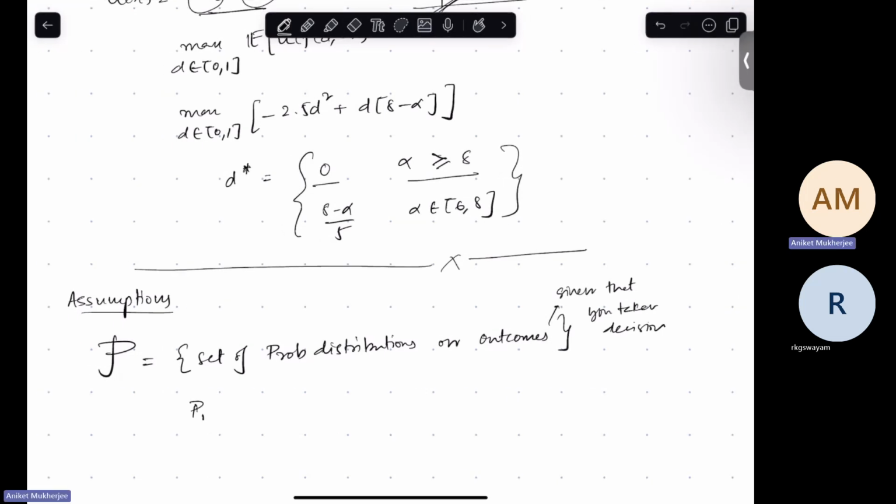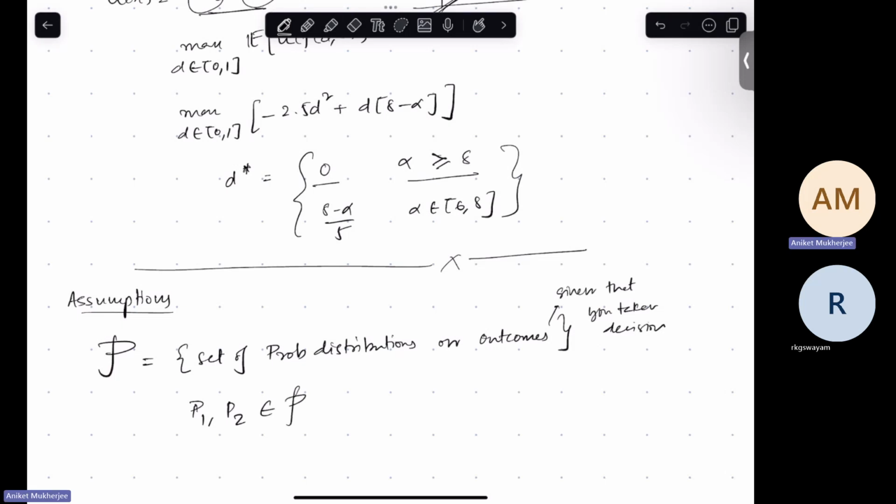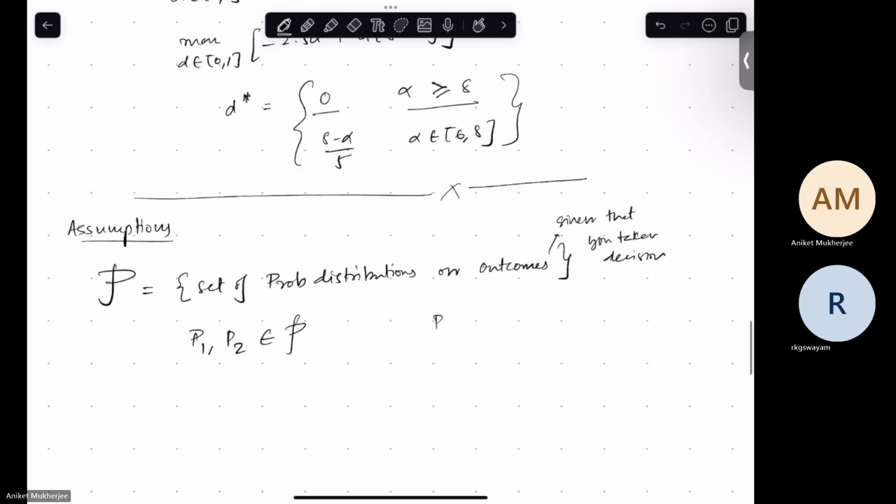If I say P1, P2 belong to P, this means that if I take some outcome O of P1, this O is coming from f(d, omega), you get some 0.2, and if you take outcome O2 of P1, you get 0.4, something like that. You have a distribution over all those outcomes, right?